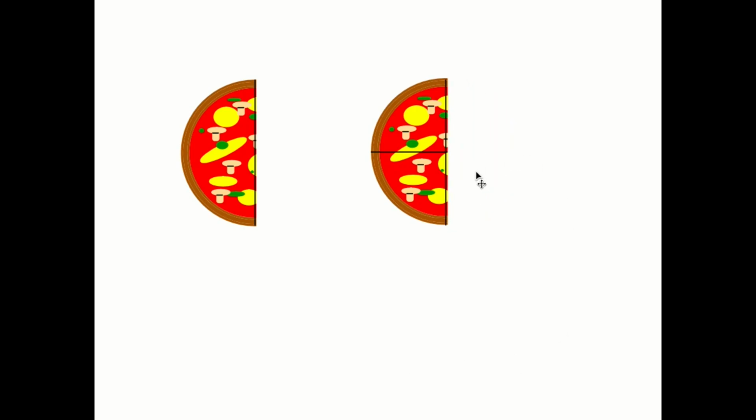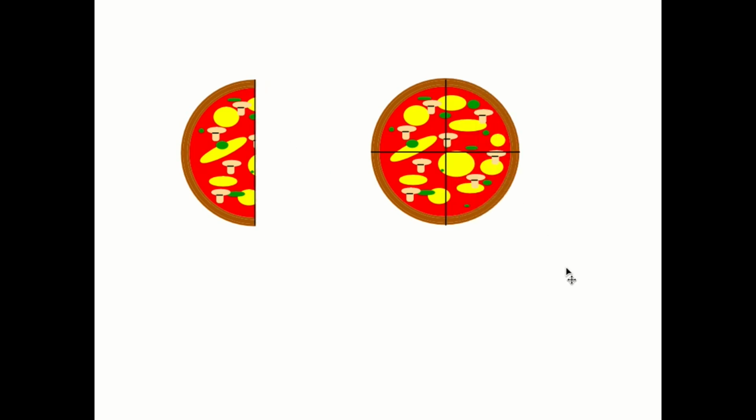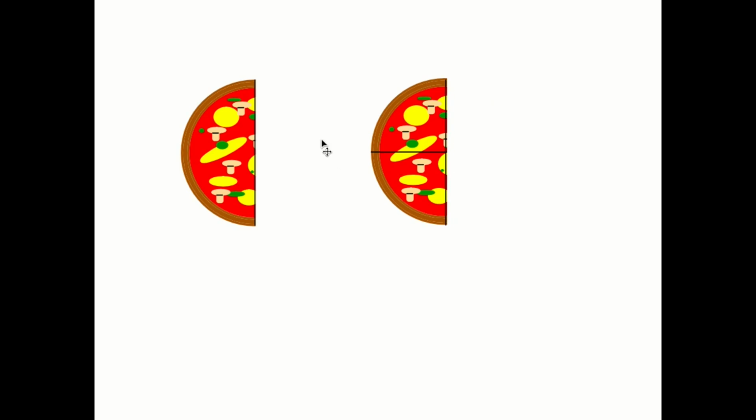So you get exactly the same amount of pizza, whether that pizza's been cut into 2 equal slices and you get 1 piece, or 4 equal slices and you get 2 of those pieces. You get exactly the same amount of pizza. So we say that these are equivalent, and the fractions would be written like this. 1/2 is equal or equivalent to 2 quarters.